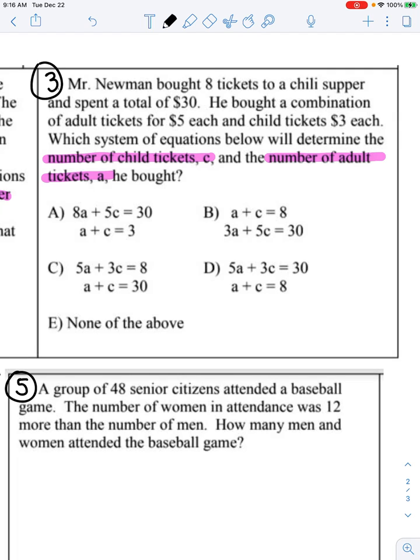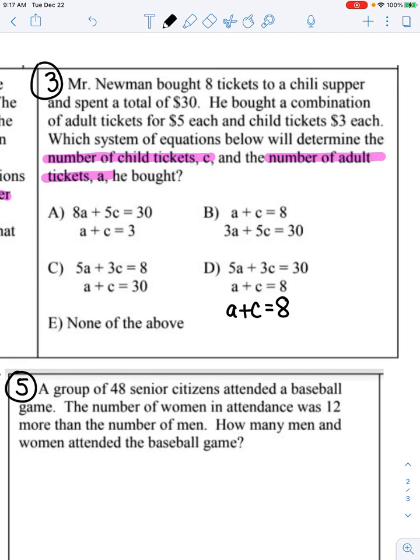So they identified our variables for us. So let's look at the 2 relationships. I noticed they talk about the number of tickets and the amount of money spent. So when we talk about the number of tickets, we have adult tickets and child tickets for a total of 8. So adults plus children tickets equals 8.